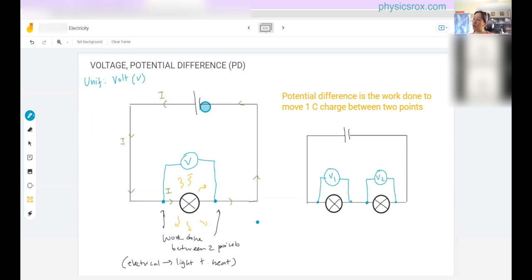Because these are 2 different parts in the circuit, here is a different part from here. These 2 are not guaranteed the same number, can be different. So V1 and V2 sometimes are not the same.